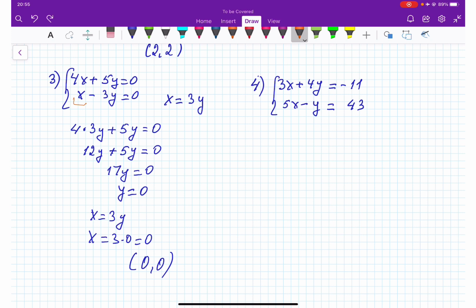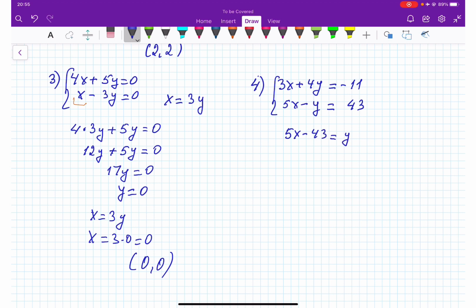It's always easy. So what am I going to do? I'm going to move this y to this side, it will be positive, and 43 moves to this side, so it will be negative. Okay, so we will have 5x minus 43 is equal to y.